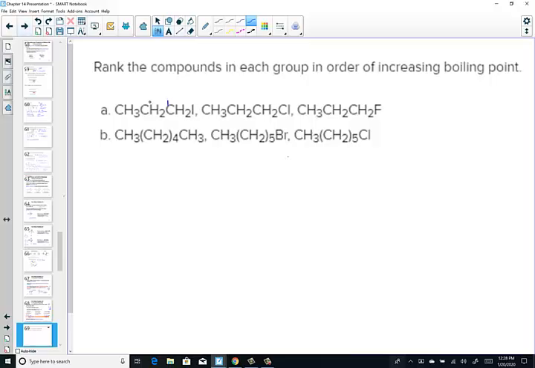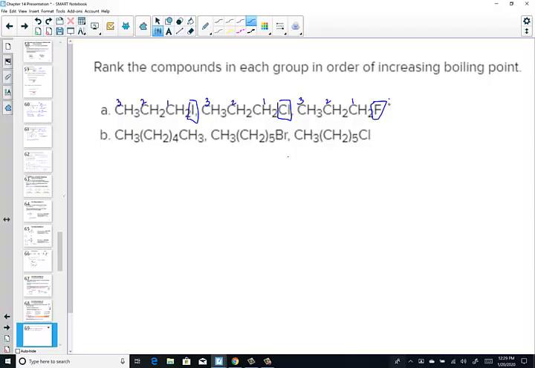I have a carbon chain. It looks to be the same in all of these. Yep, they're all 3 carbons long, right? So really the only difference is the halogen that's placed on the terminal end. A fluorine, a chlorine, and iodine.